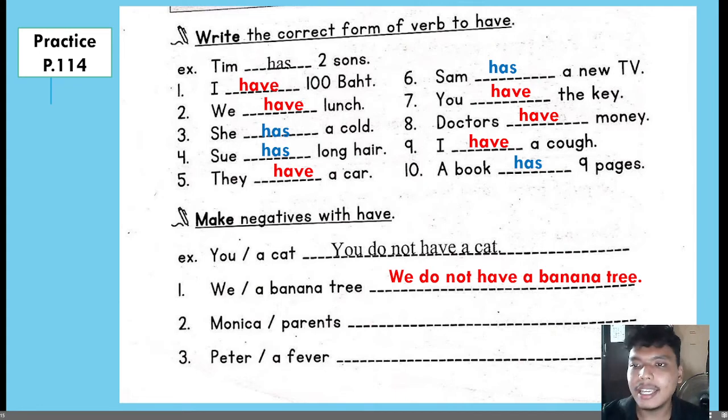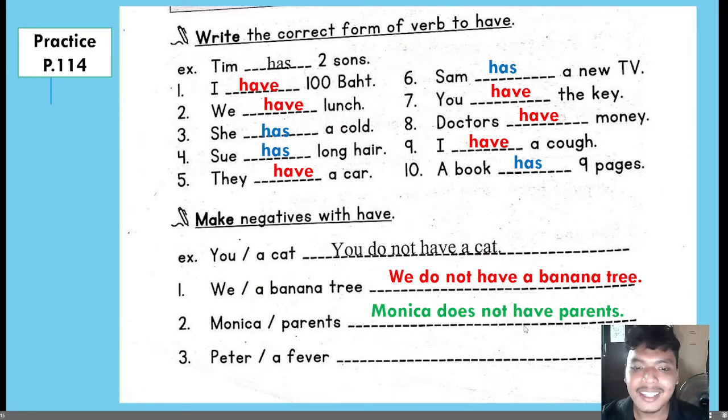Alright, okay, and then teacher move to next. Number 2, Monica has parents. Monica is one person. Monica is a girl or is a boy? Is a girl. So Monica does not have parents.